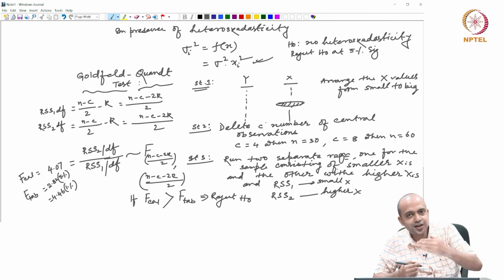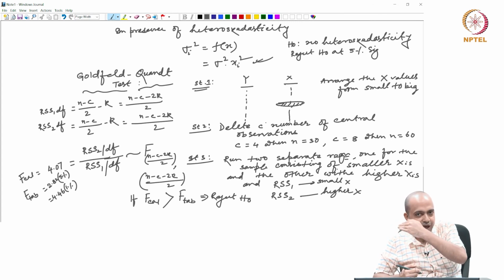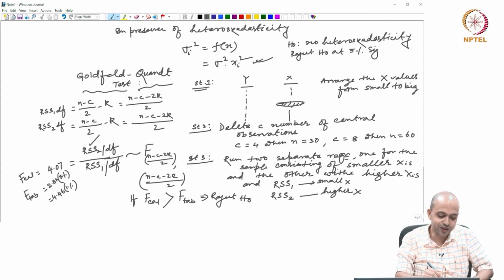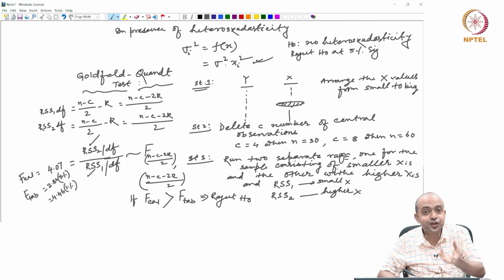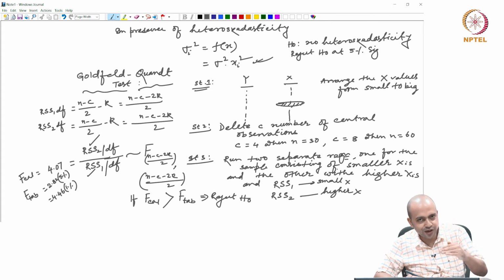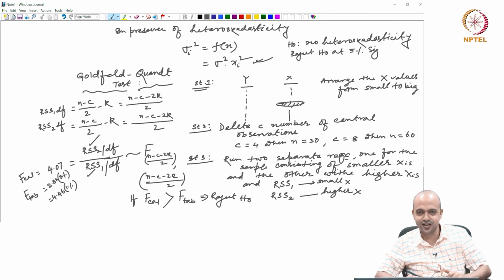First you have arranged the data from small to big, and then we are deleting the central observations also, so that my RSS 2 becomes significantly different from RSS 1. The higher the difference between RSS 2 and RSS 1, the higher the probability of getting evidence for heteroskedasticity, because we assume that error variance is not constant, rather it is increasing as x increases.